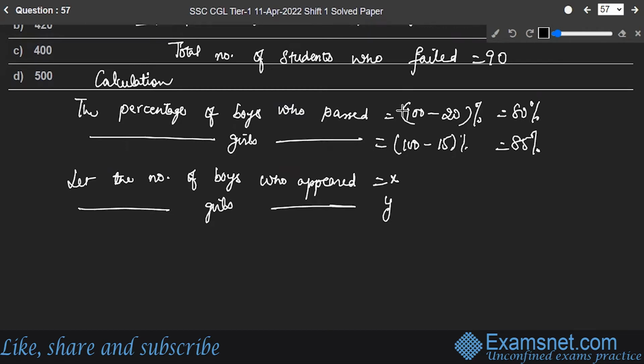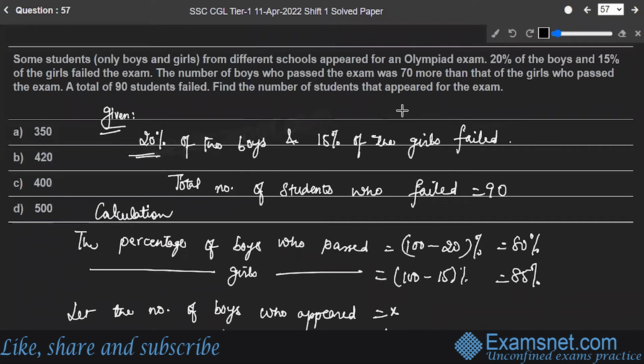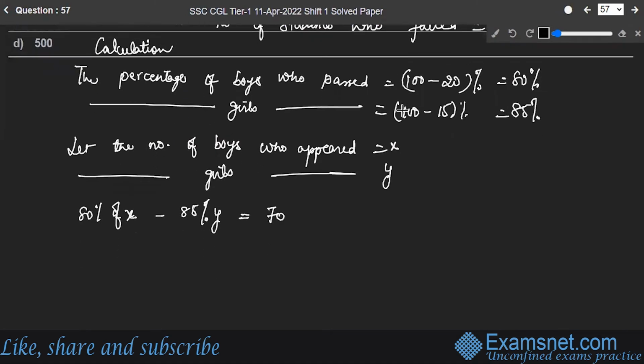So now 80% of X minus 85% of Y is equal to 70, right? This is given in the question: the number of boys who passed is 70 more than the number of girls who passed.